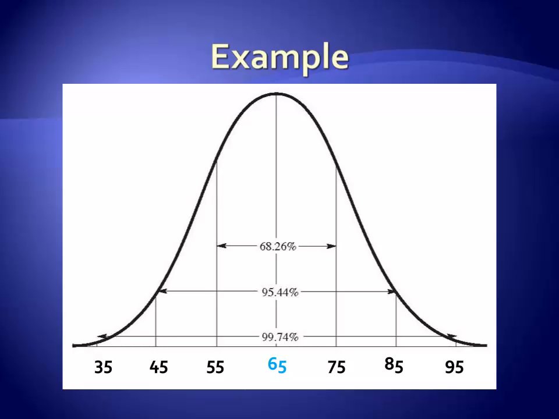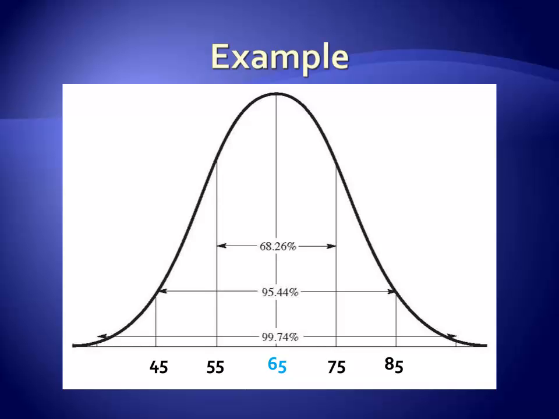Another way of interpreting this data is that you have a 32% chance, which is 100 minus 68%, of getting a score higher than 75 or lower than 55 on the exam.